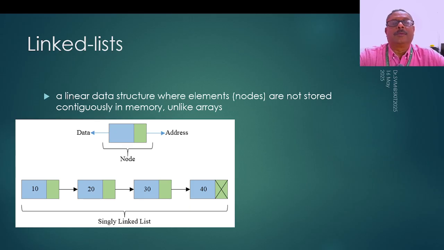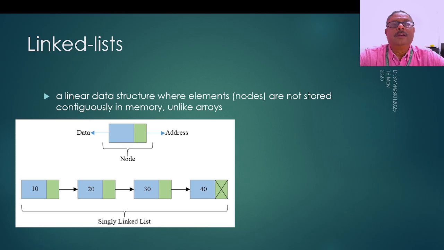But the problem there is, as the size of the array increases, the memory requirement increases, and we may not have sufficient memory at one place to fit the array. Instead of taking all the data at one place, we can think that wherever possible, we fit one data at a time. But in arrays, the data are put one after the other, so that if we identify one data, the next data is available at the immediate next location.